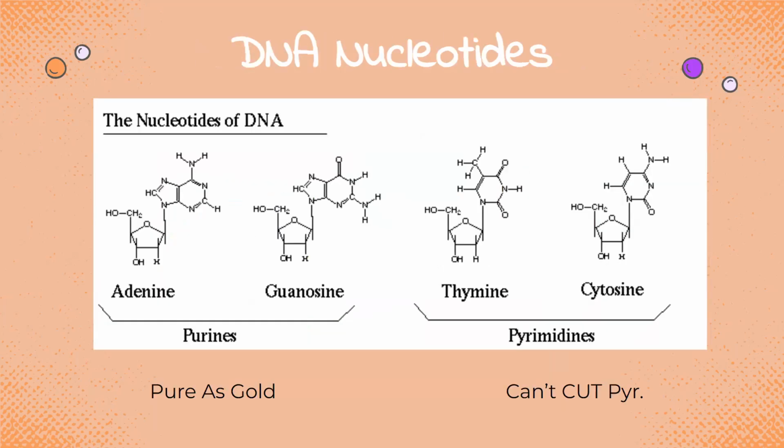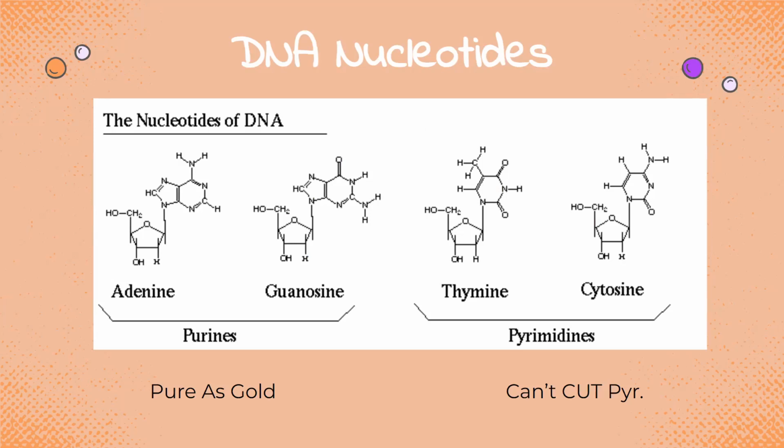Okay. So the nucleotides. You're going to have your purines, you're going to have your pyrimidines. Some people just get it. I'm not one of those people. I had to make a little analogy in my head. So purines are adenine and guanine. Purines are as pure as gold, that A and that G. And pyrimidines, you can't cut them because of the structure of their cyclic nitrogenous part.